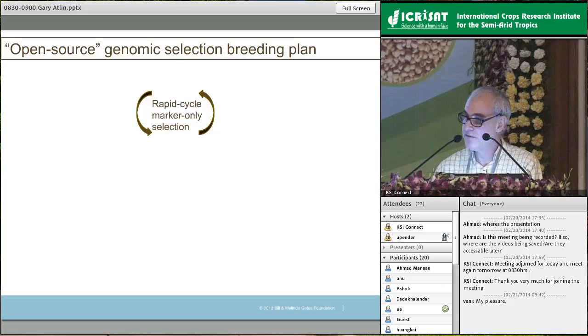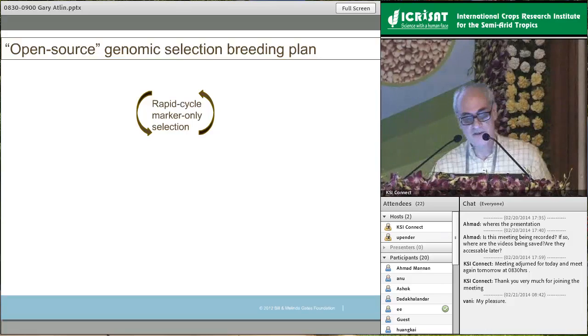to, say, different companies. Each company gets its own proprietary set of lines, phenotypes, and returns the phenotypic data for model training, but retains whatever lines it wants to commercialize.